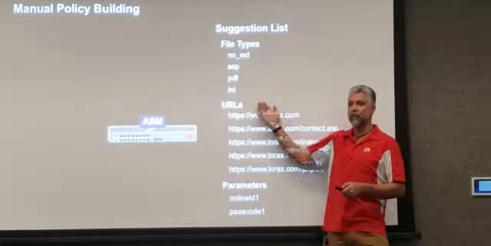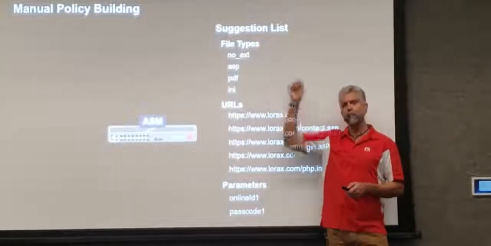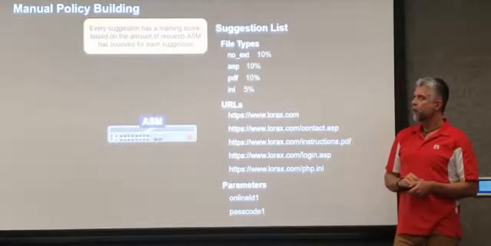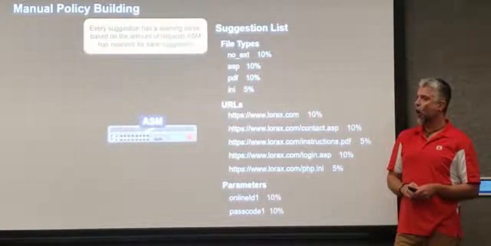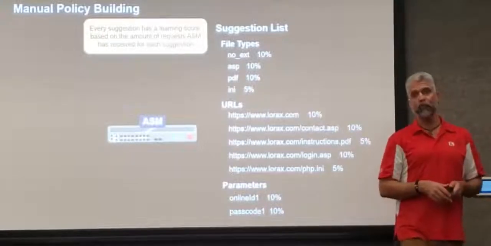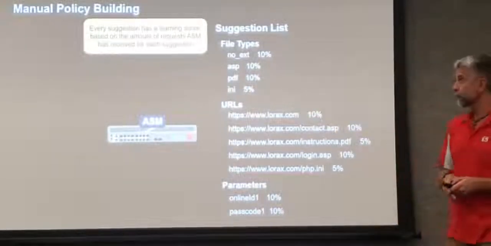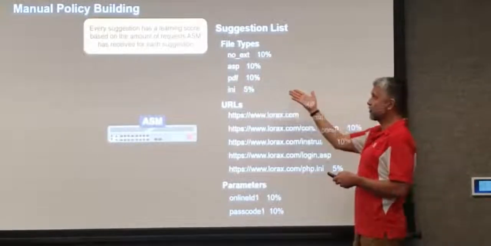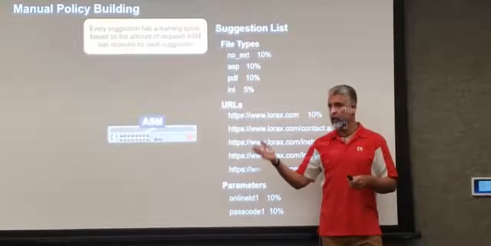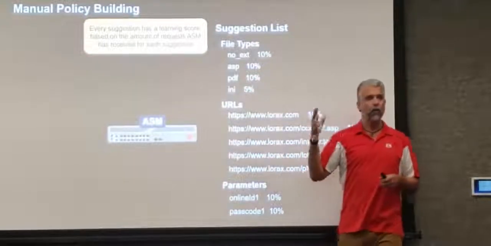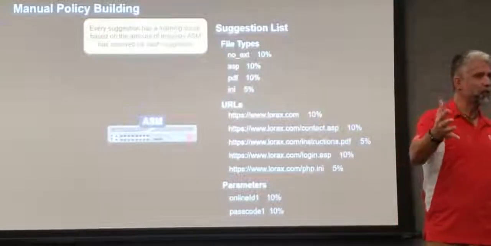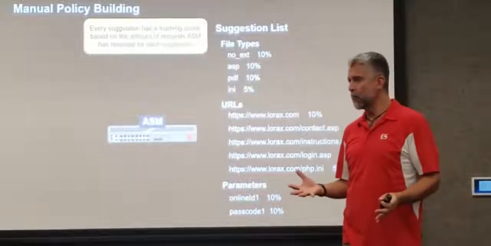You saw this list and you're like, I wonder which ones I should add to my policy. So as a reminder, all of these entries in the traffic learning page, they have a learning score that was generated by the policy builder. That's based on how many requests ASM received for that item from different users using different computers over a period of time.